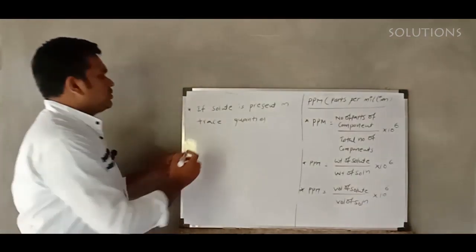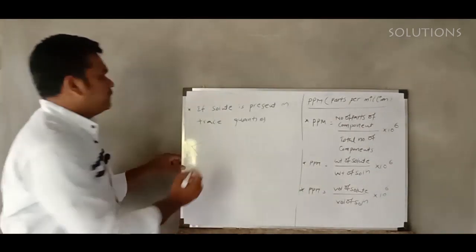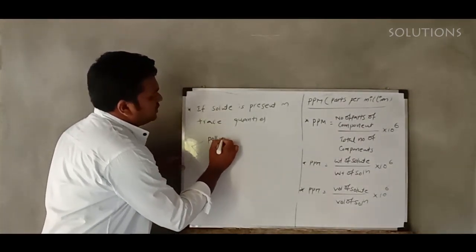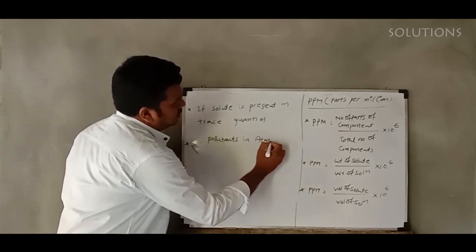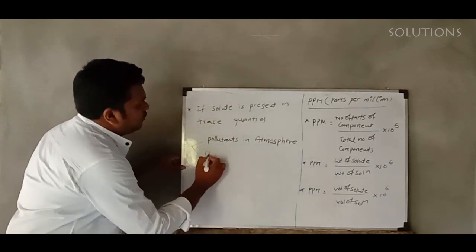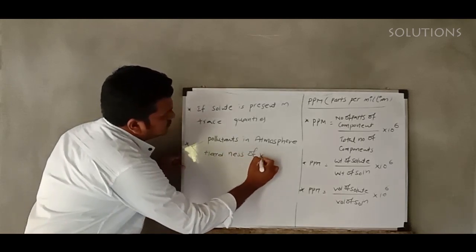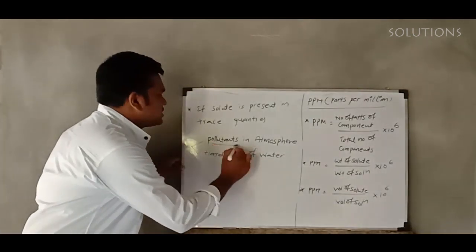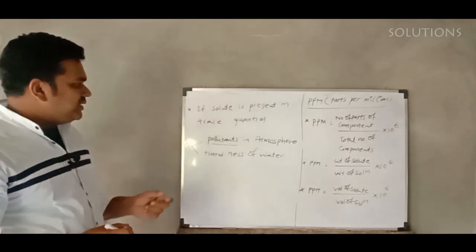Clear? So where are we generally using this ppm? ppm is mainly used to express the pollutants in atmosphere, and one more, hardness of water.